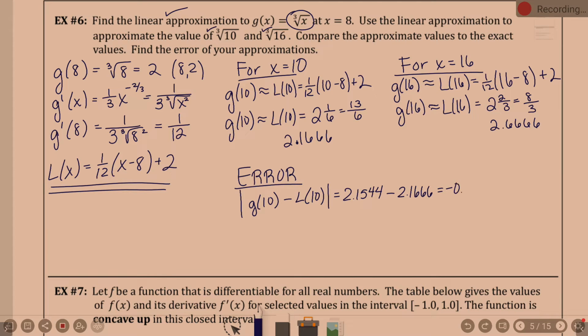Negative 0.01223, and so on. My notes. Why? Okay, what did I do wrong?